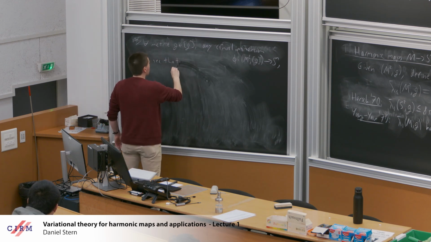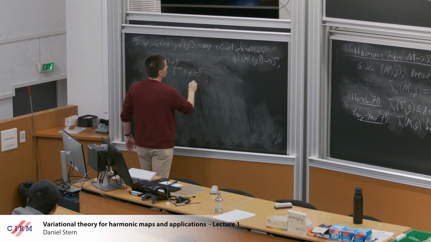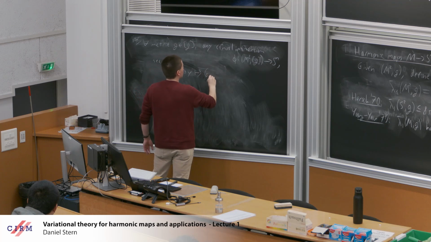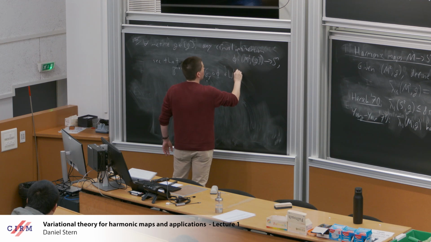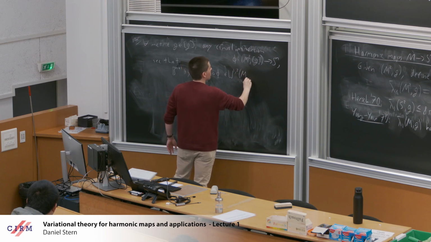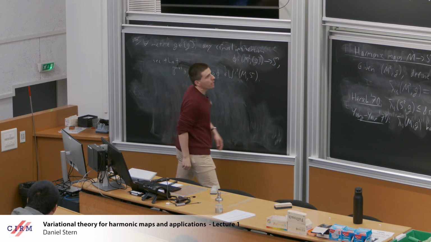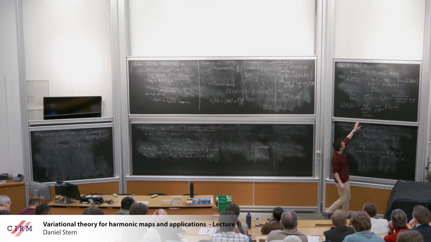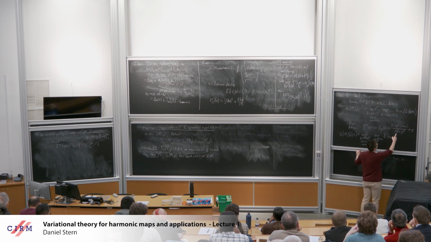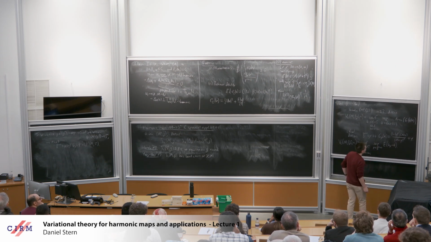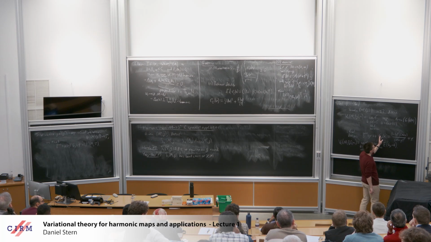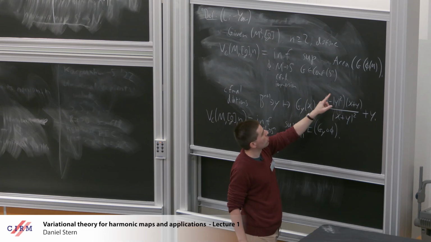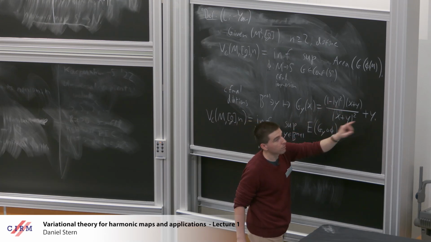We see the map sending y in B^(n+1) to g_y composed with phi. Well, if we look at the boundary behavior, formally, if x is a point far from y, then as y goes to the boundary, this 1 minus norm y squared is going to go to 0, and we're just left with the constant map to y.